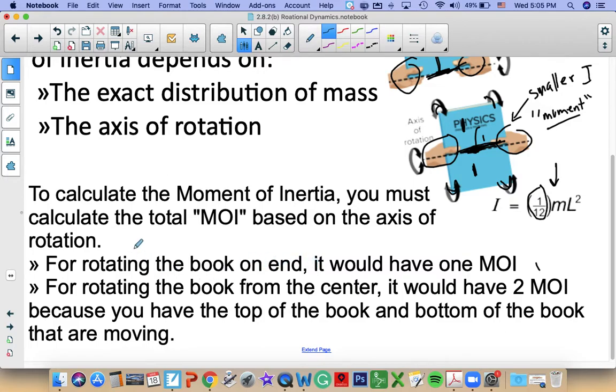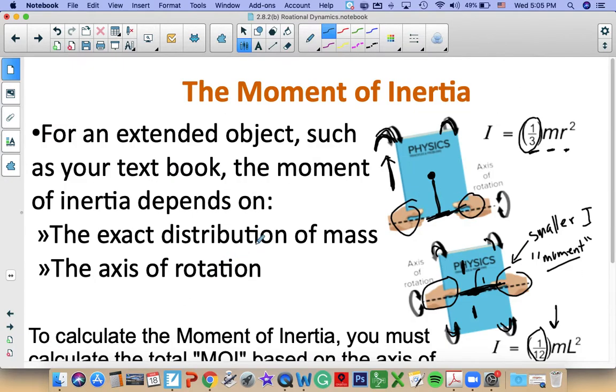So this kind of talks about what I just talked about. To calculate moment of inertia, you have to calculate total moment of inertia based on the axis of rotation. So this will lead us into our next problem here. So going back, you could pause that and read it. This one, I am rotating this end from me.